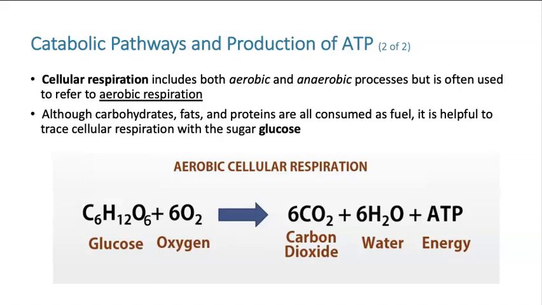We'll hit a little bit on fermentation and the truly anaerobic cellular respiration that I hinted about in the last slide, but again, we're going to be mostly focusing on this equation where glucose and oxygen combine to form byproducts of carbon dioxide and water, and the main important thing here, ATP energy.